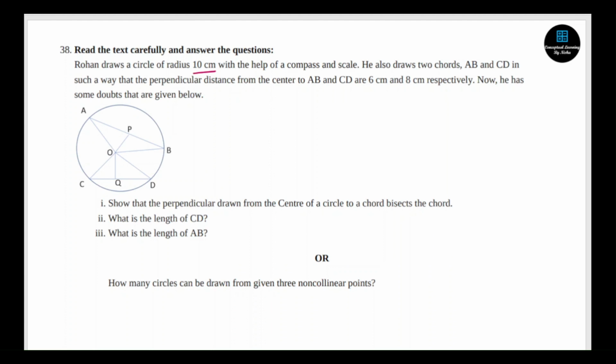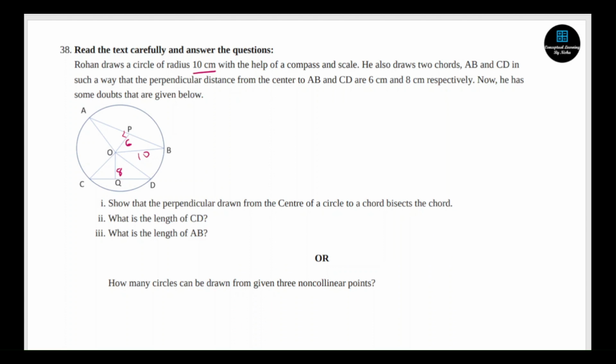So what I can say, this is 6, this is 8. Radius is given 10 centimeter. So I can find the value of, right, show that the perpendicular drawn from the center of a circle to a chord bisects the chord. So you can show that, right? We already discussed that, correct?